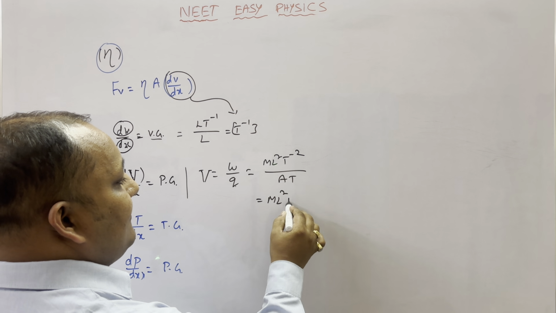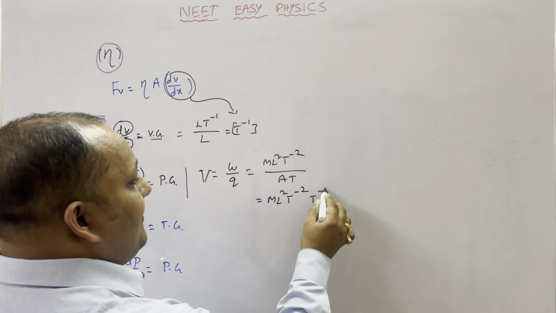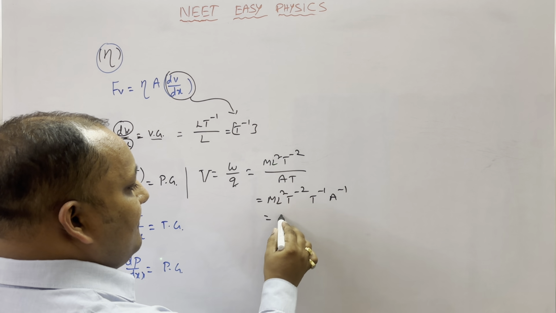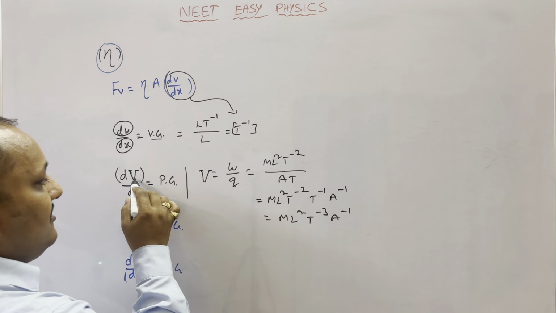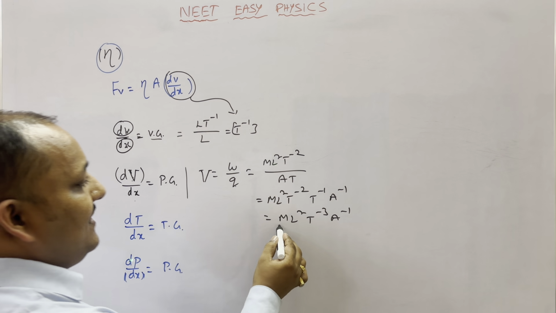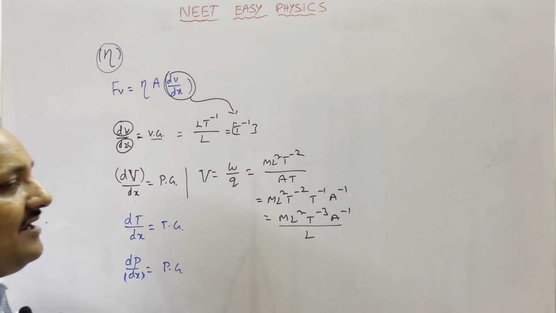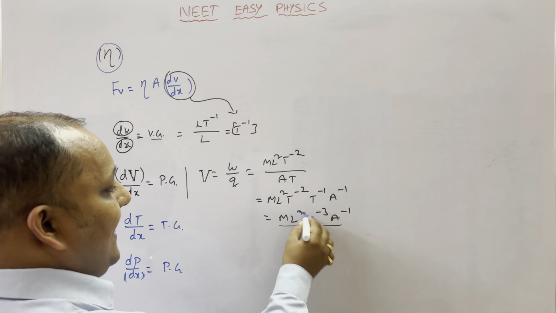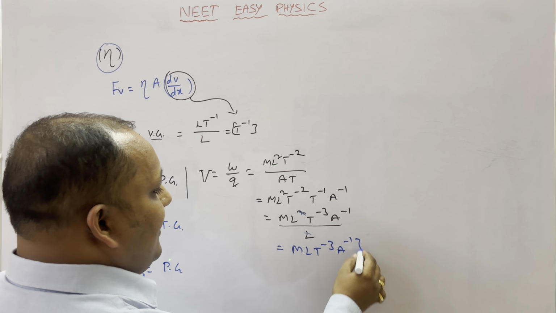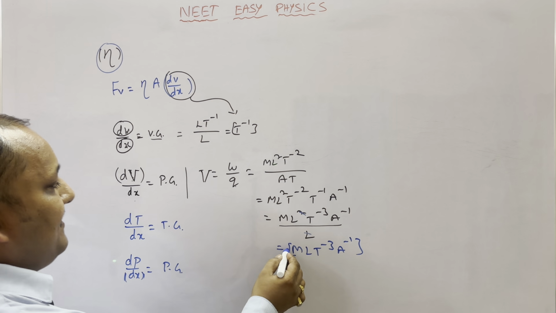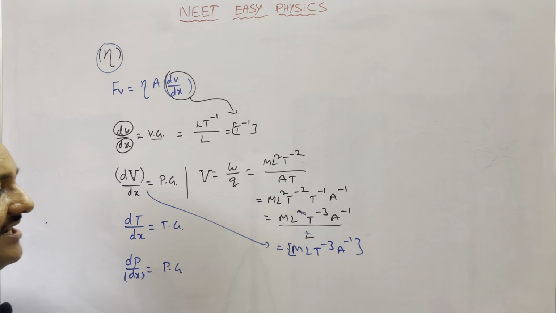So M L square T power minus 2, T power minus 1, A power minus 1. So M L square T power minus 3, A power minus 1. Change in potential with respect to distance, that is going to be divided by L, so one L will be cancelled. Therefore M L T power minus 3, A power minus 1. This is the dimension formula for potential gradient.